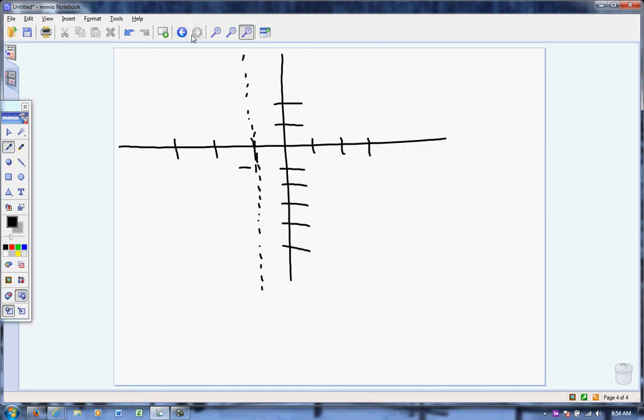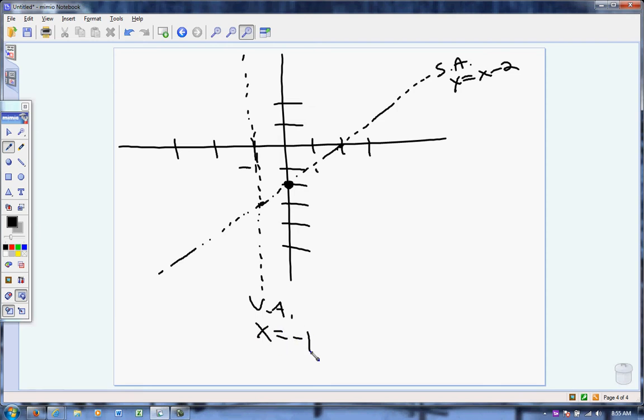So that means its y-intercept is -2, and its slope is 1. So I'm going to go up 1 over 1, up 1 over 1. I could come down 1 over 1. And I'm going to have this slanted line, and that is my slant asymptote, y equals x minus 2. This is my vertical asymptote, x equals -1.